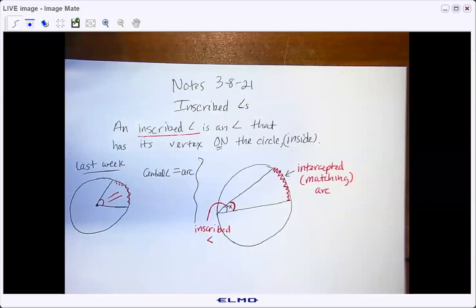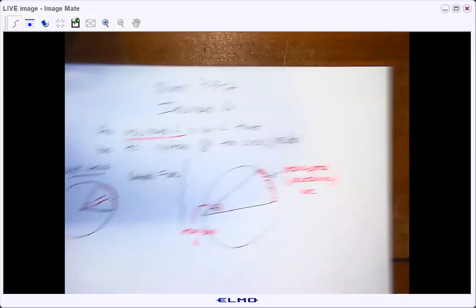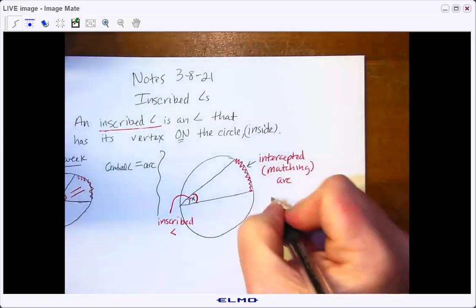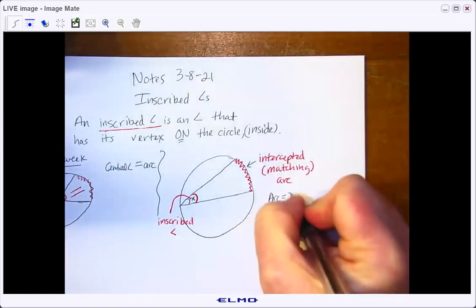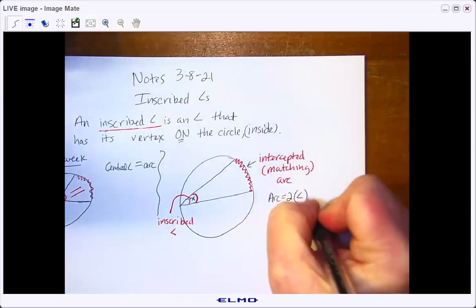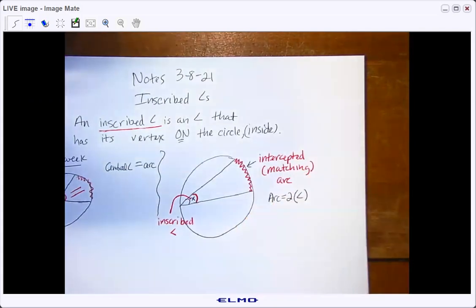Okay, and most of you got it right. Any other last minute participation, arc or angle? Okay. It's actually the arc that is bigger. We have a double half relationship, which means that the arc is equal to 2 times the angle.